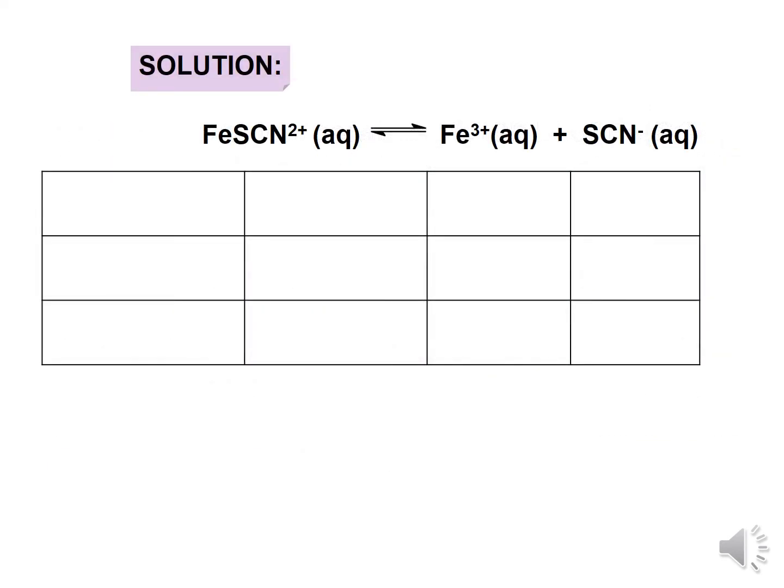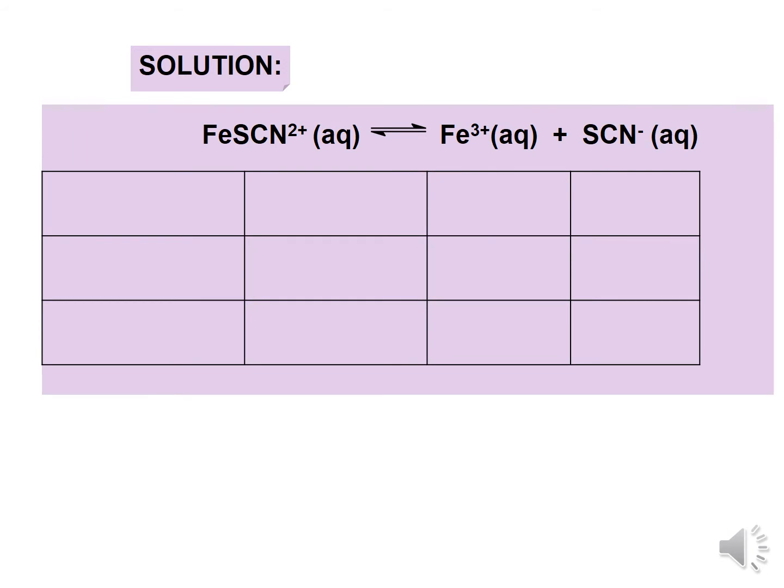To solve this question, we need to build an ICE table because the initial concentration of iron thiocyanate ion is given. First step, we write down the balanced chemical equation. Second, we build the table and label the first column with initial, change, and equilibrium concentration.